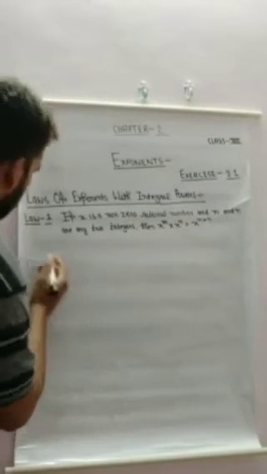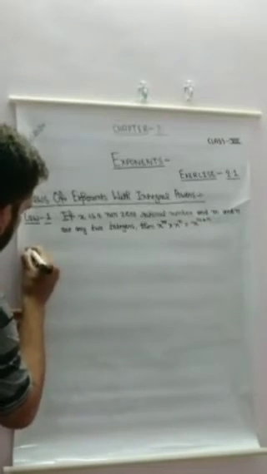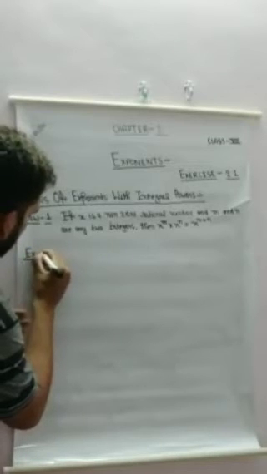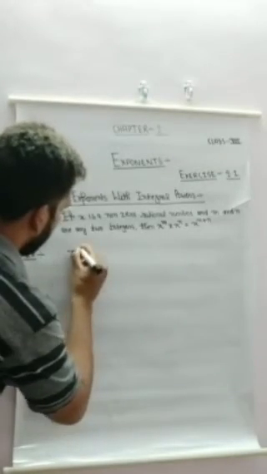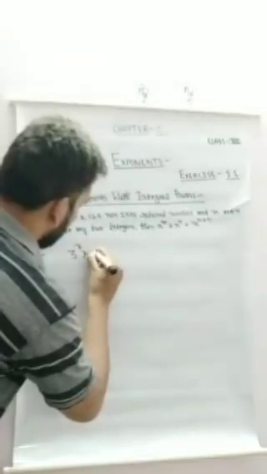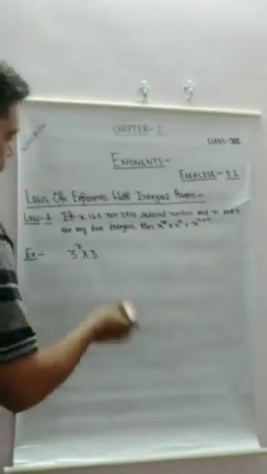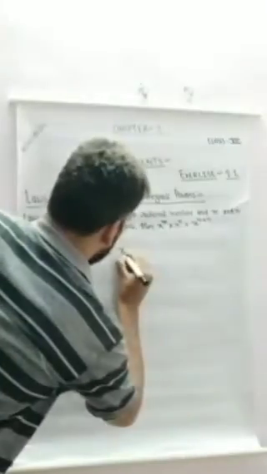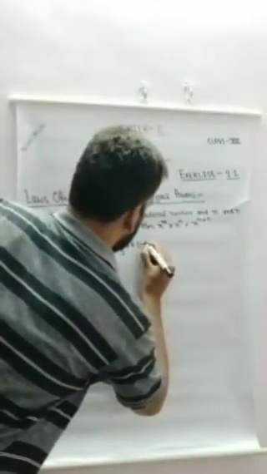For example, 3 raised to the power 7 into 3 raised to the power minus 5 is equal to 3 raised to the power 7 plus minus 5.